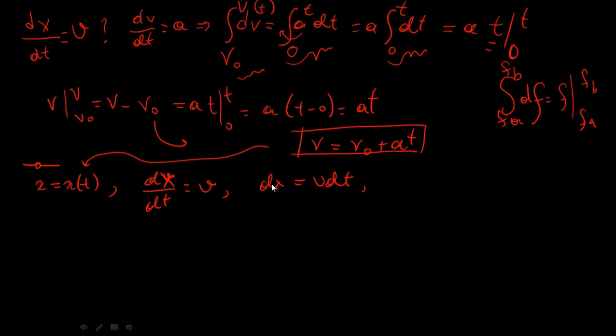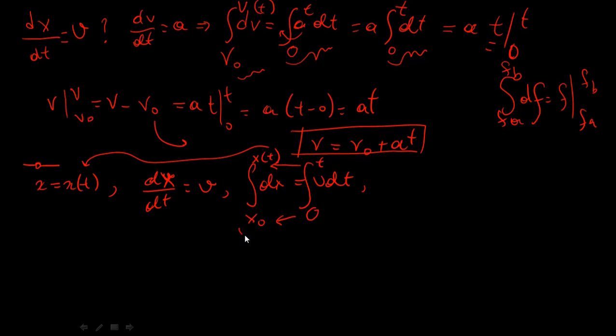Integrating both sides with appropriate endpoints, that is, here the initial time is 0 and the corresponding position is x0, and the final time t corresponding to the final position x of t.